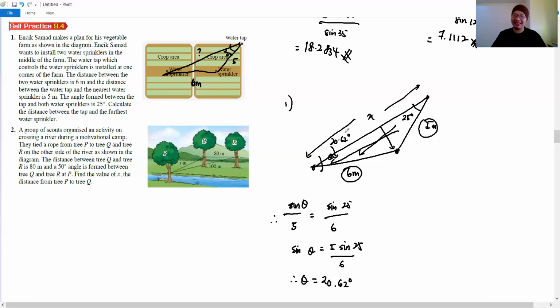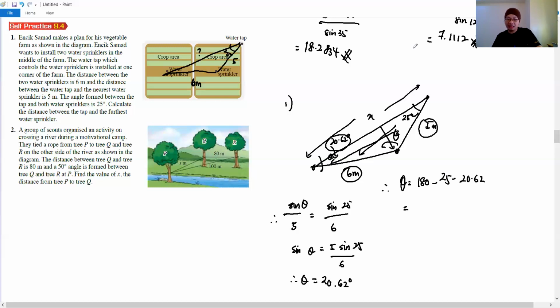Okay, why do we find this angle? After we find this angle, we can find this other angle, right? Now we can find x. So therefore, the angle here, now I label it as big theta. The big theta here actually equals what? 180 minus 25 minus 20.62.